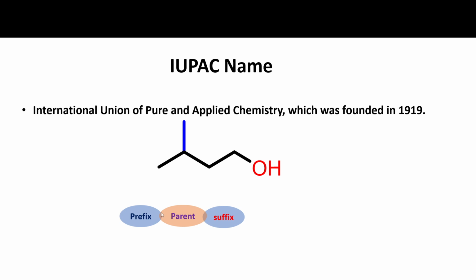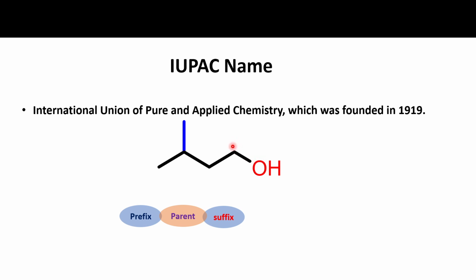So I'm starting again: you have to give the generalized name of this organic compound so that everyone can understand the molecule. To get the IUPAC nomenclature, we have to remember three things: the prefix, the parent molecule, and the suffix. The suffix is generally the functional group present in the molecule, and the prefix is the substituents present. In this molecule, the substituent is methyl, and then we have to number the parent molecule so that the functional group gets the highest priority.